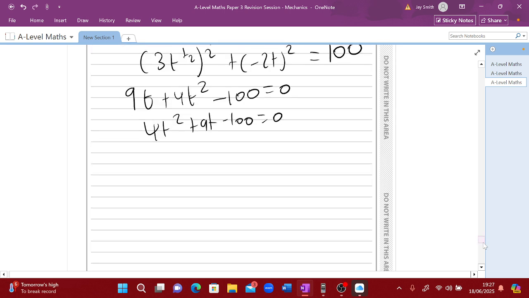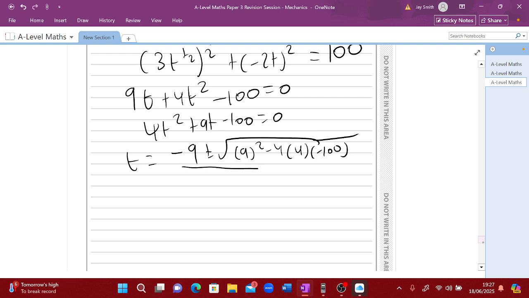Again, I'm going to quickly note the quadratic formula just to fully show my working. So t is going to be −9 plus or minus the square root of 9 squared minus 4 times 4 times −100, all over 2 times 4. And then I'm going to put that into the quadratic solver to save time.